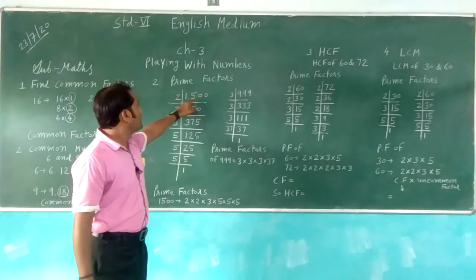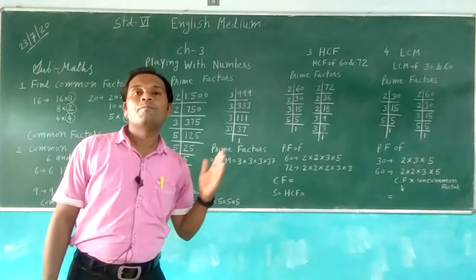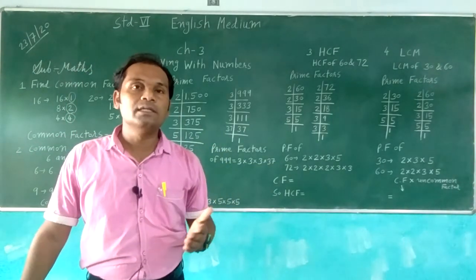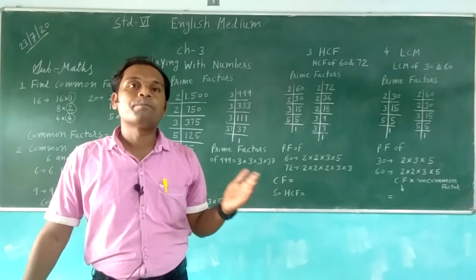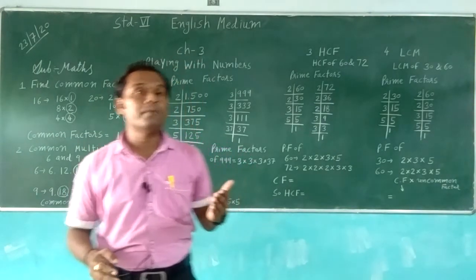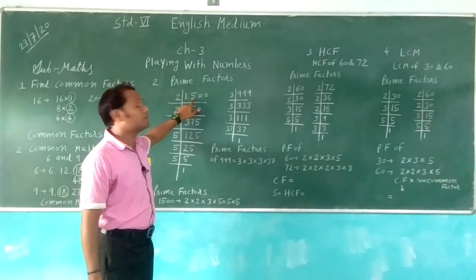So this is the method to find prime factors. By this method, you will find very easily the prime factors of a given number. Here, the number is given and we need to find its prime factors. So the number is written, 1500.